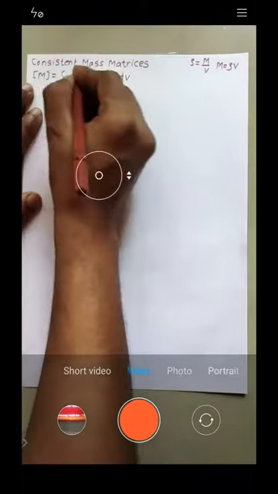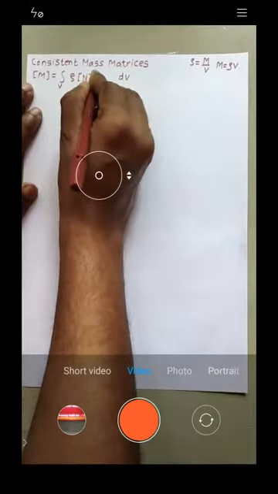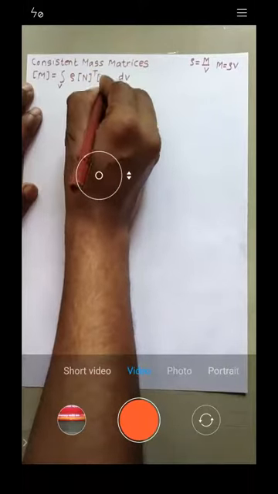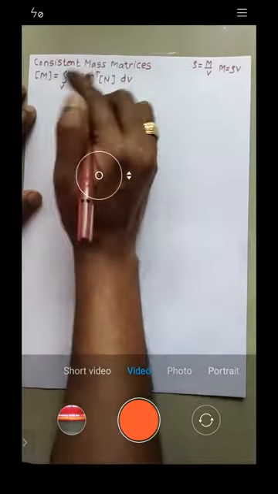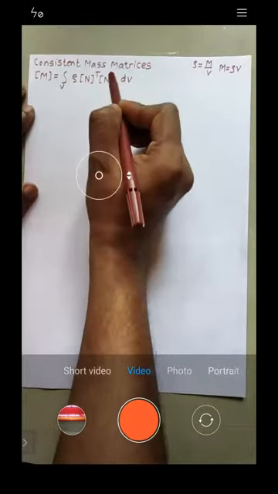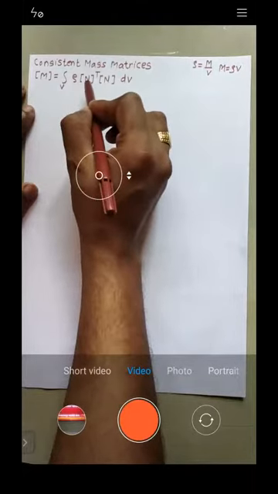Now I will add one more term, N transpose into N. You know that the transpose of a matrix multiplied by that matrix is equal to 1, so the equation remains unchanged. The question is, what is N?